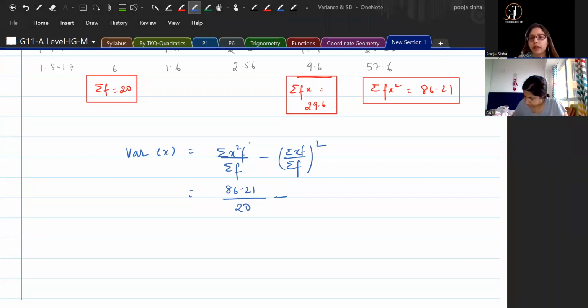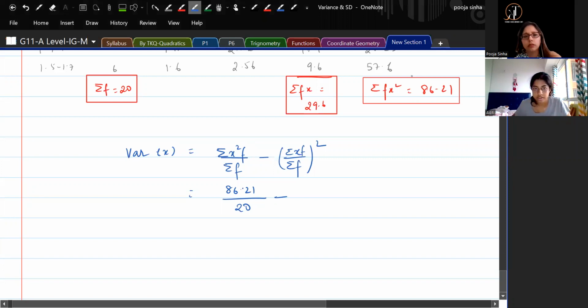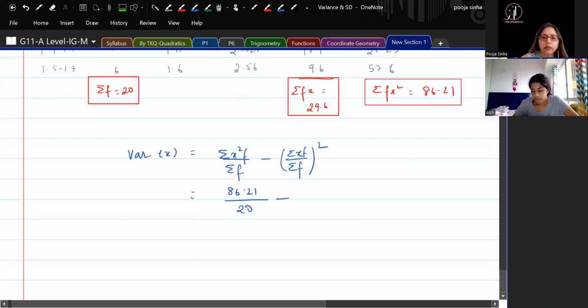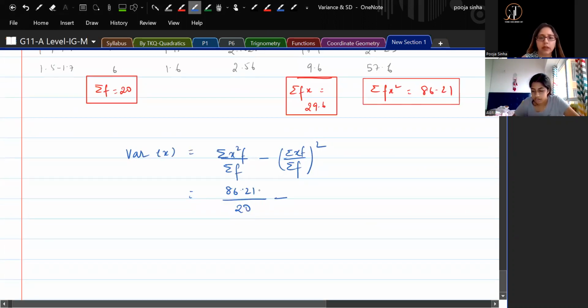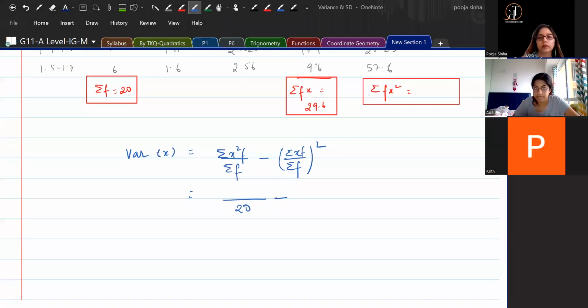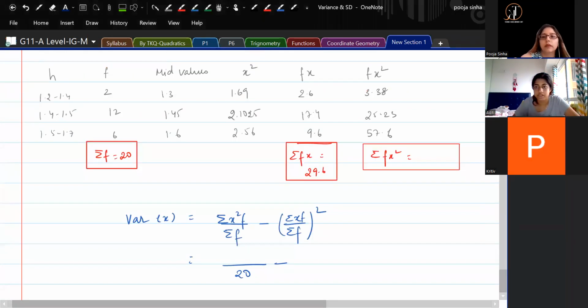Sigma x square f कितना आ रहा है? मेरा कुछ गलत है. I made a mistake. Okay, what are you getting? X square f कितना आ रहा है total? मेरा कुछ गलत है. Give me a second here. Ma'am, I think you got this x square wrong.